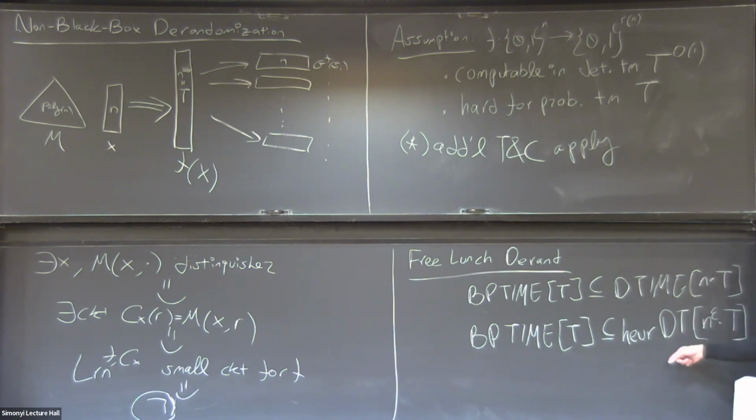This thing can only be achieved via non-black-box derandomization. So we are going to see derandomization that, if you are willing to allow a negligible fraction of errors, you get essentially for free without paying in the time overhead.